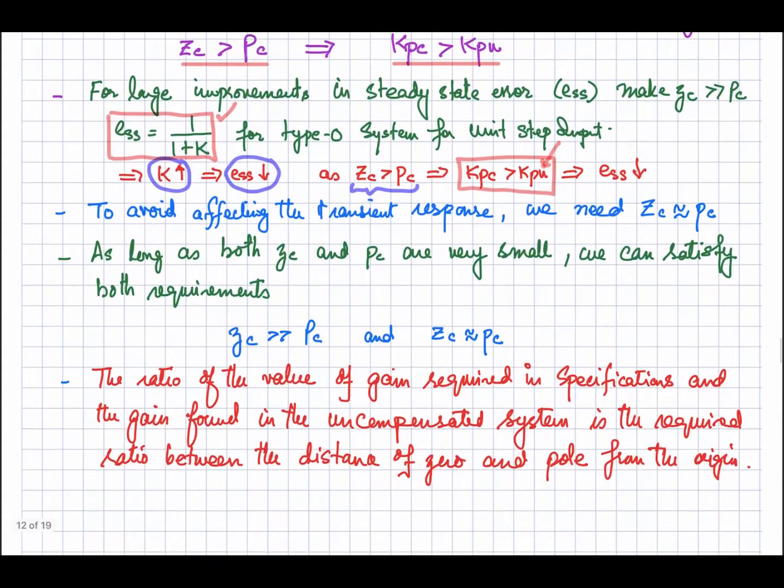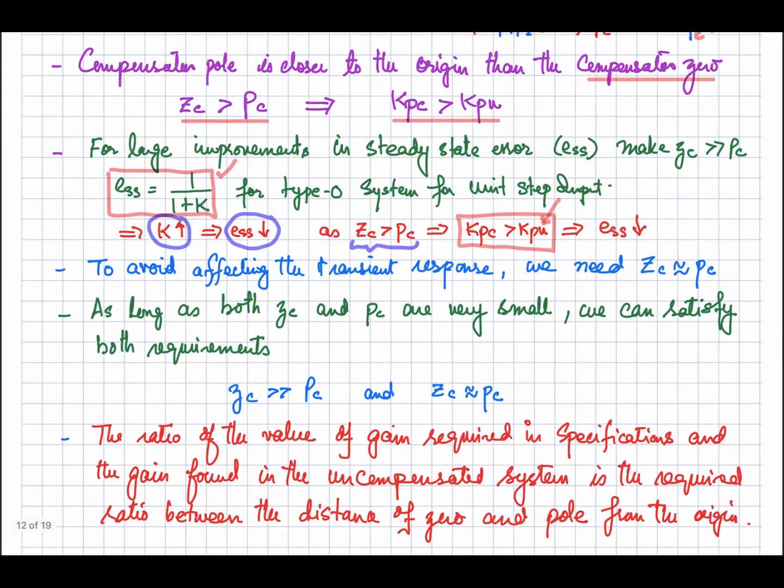To avoid affecting the transient response, what do we require? We require that the zero and pole are very close to each other. If they are very close to each other, this zero will cancel the angle that is introduced because of this pole. So the transient response will not be updated, only the steady state error will be changed because of the pole that you are introducing very close to the zero.